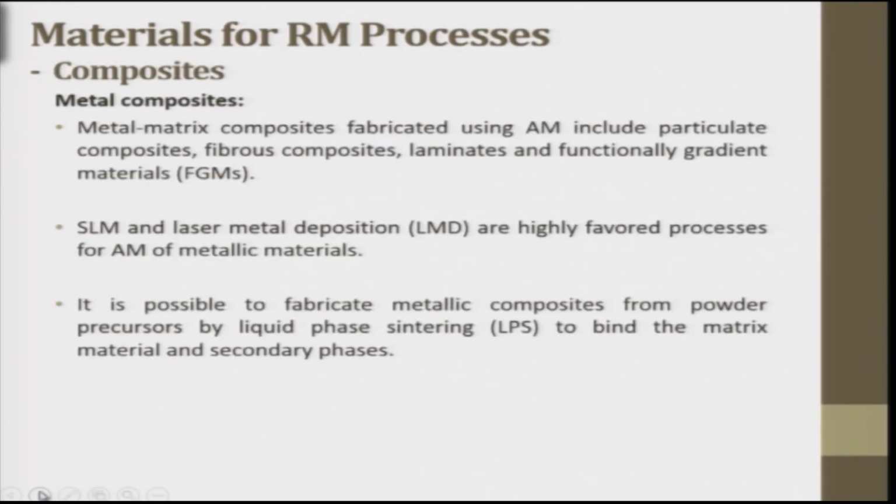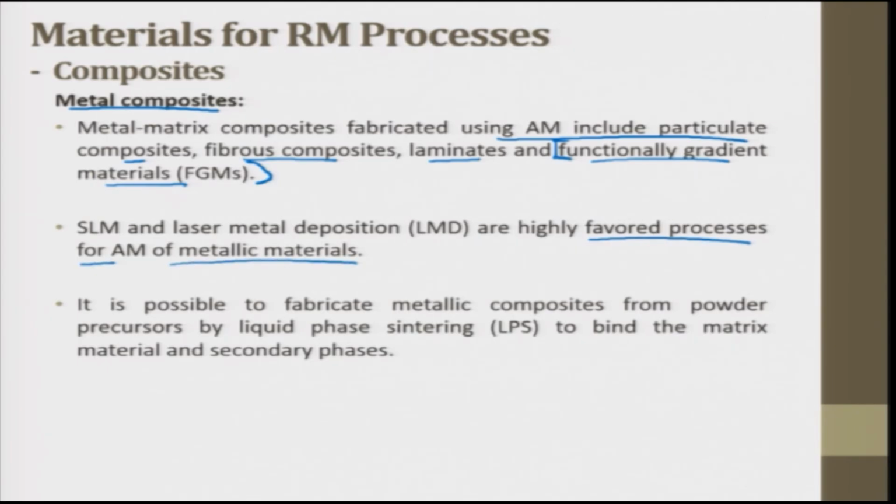Next is composites, metal composites. Metal composites fabricated using additive manufacturing include particulate composites, fibrous composites, laminates, functionally gradient materials. FGM would be taken separately in this lecture. So SLM and laser metal deposition are highly favored processes for additive manufacturing of metallic materials.